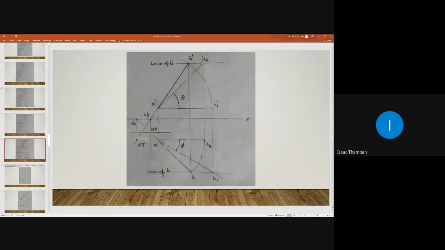Mark that intersection and name it as B2 dash. Then connect A dash B2 dash by means of a straight line.